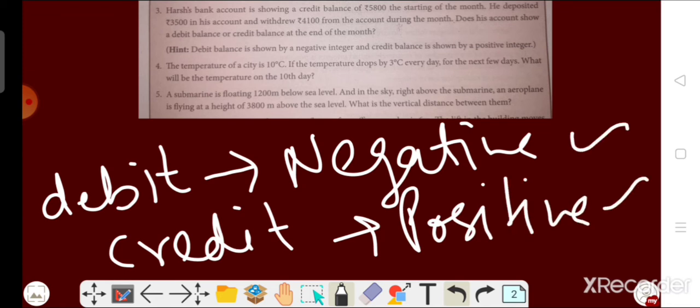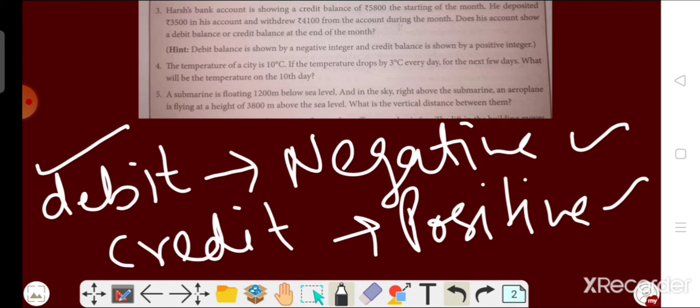And how can we say whether Harsh's account has a debit balance or a credit balance? By calculating the amount of money present in the account at the end of the month.